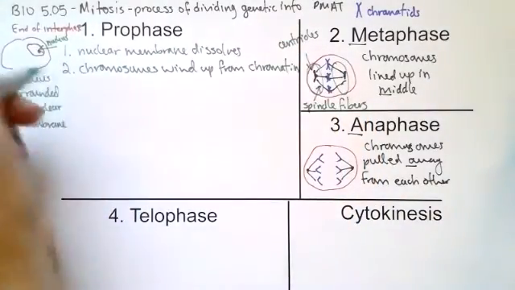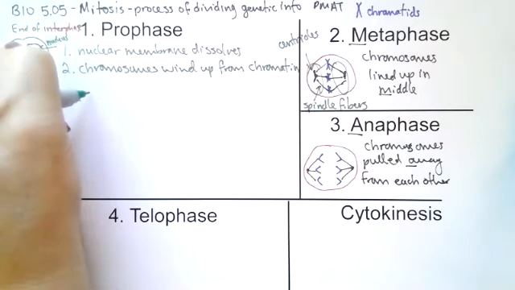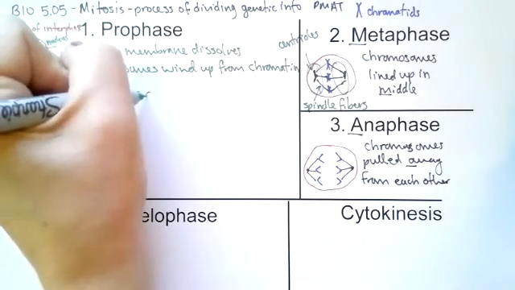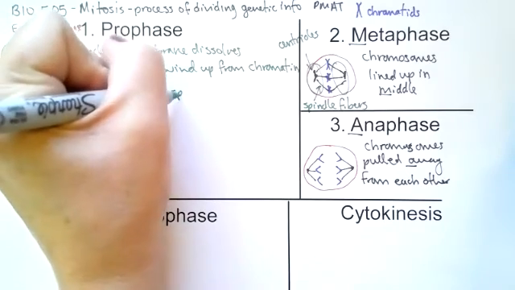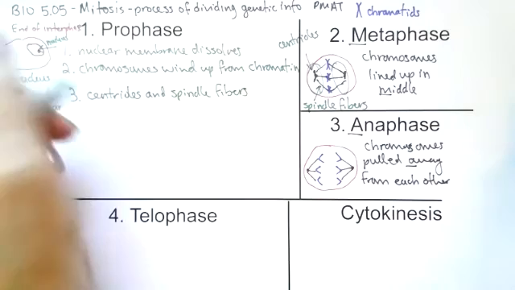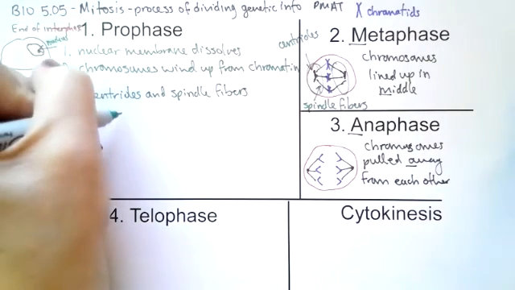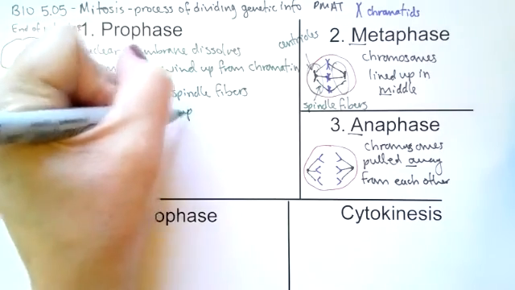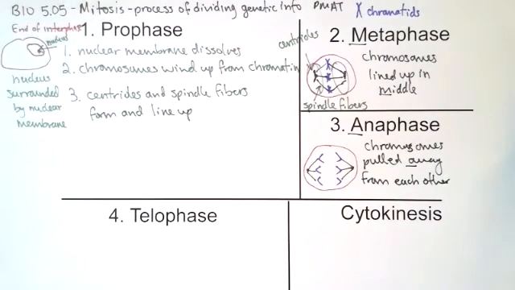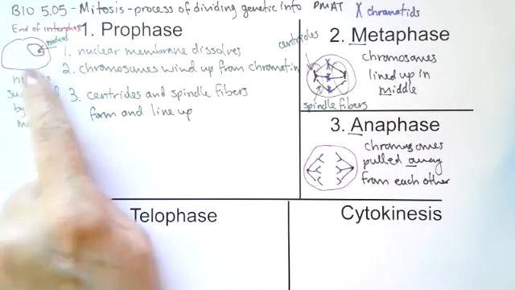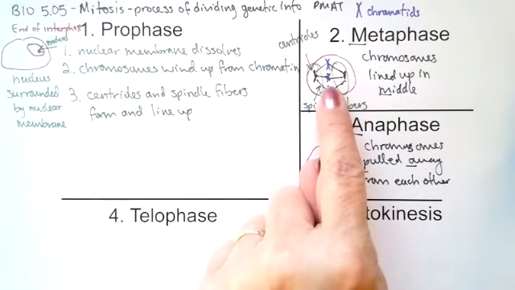It's not apparent there. So the centrioles and spindle fibers form and line up. Those are all things that you don't see at the end of interphase, and you do see here.